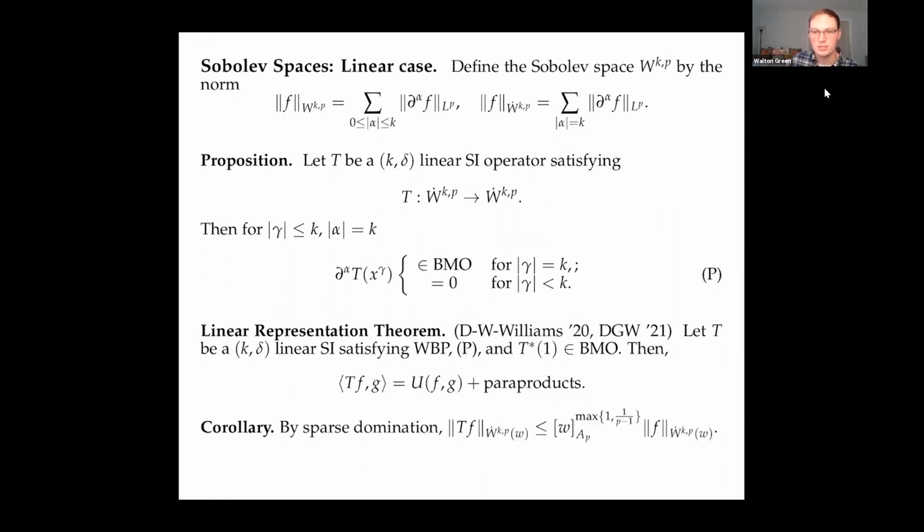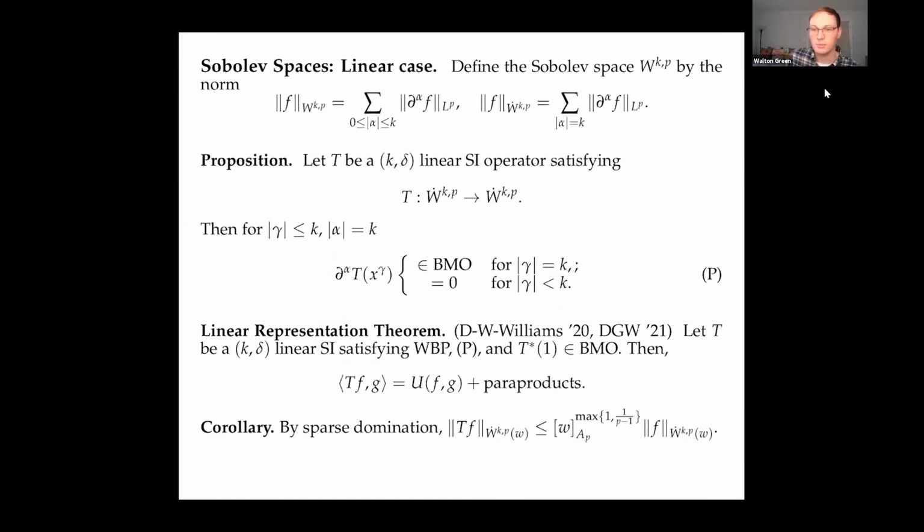And the consequence of this is the sharp AP weight estimate for the homogeneous Sobolev spaces. And this shows that you can do no better than this assumption if you restrict yourself to the homogeneous cases.